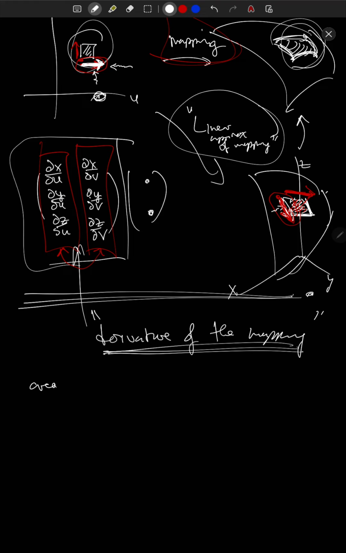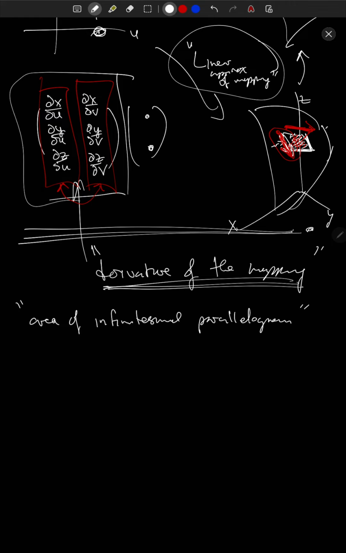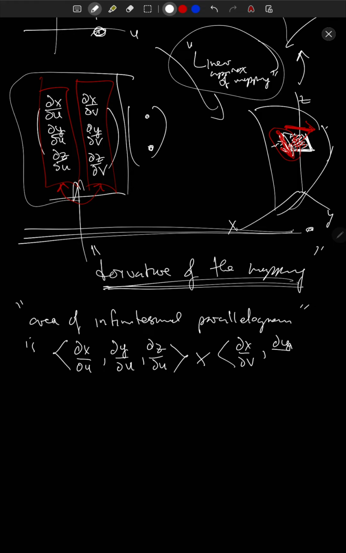So the area of the infinitesimal parallelogram, in other words, when we take delta u and delta v going to 0, is dx du, let me write it in our vector notation, dy du, dz du, cross dx dv, dy dv, dz dv.